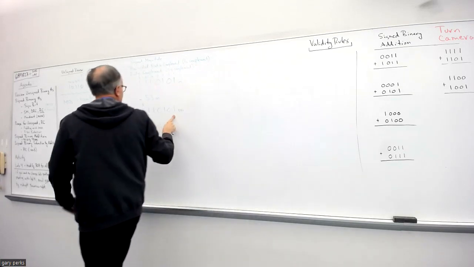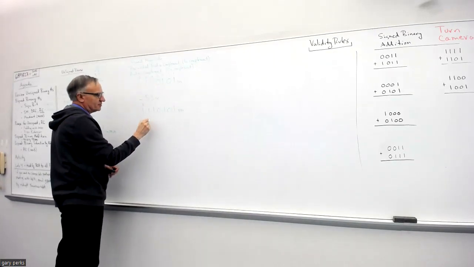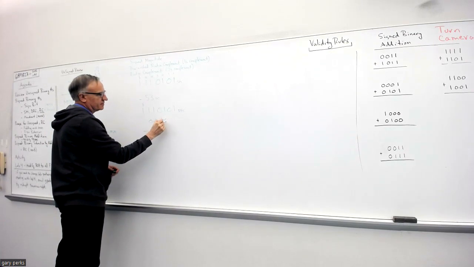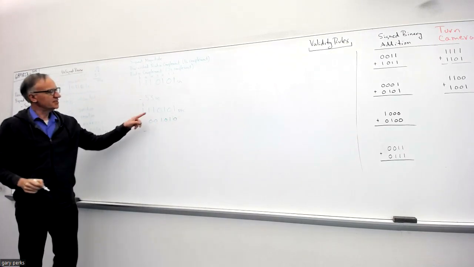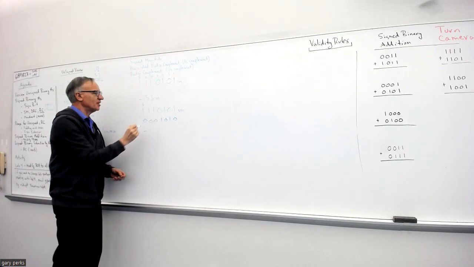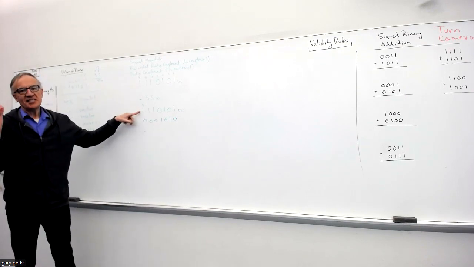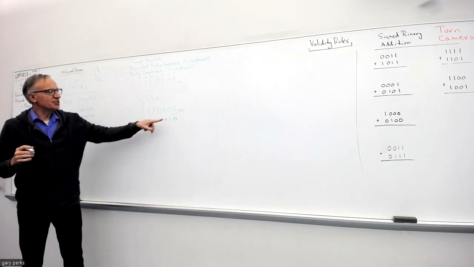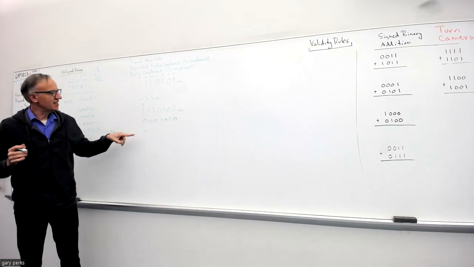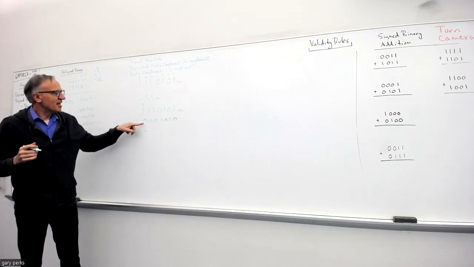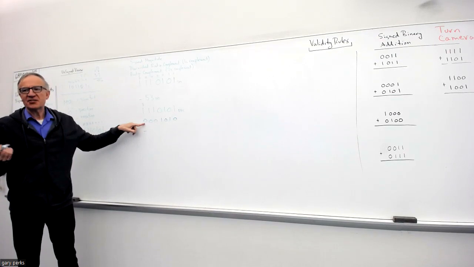So I would take these bits and flip them. Now I can flip the sign bit too, but what the sign bit is equal to originally gives you the sign. Now we're just trying to find the magnitude. So to find the magnitude, it doesn't matter whether you flip the sign bit or not.